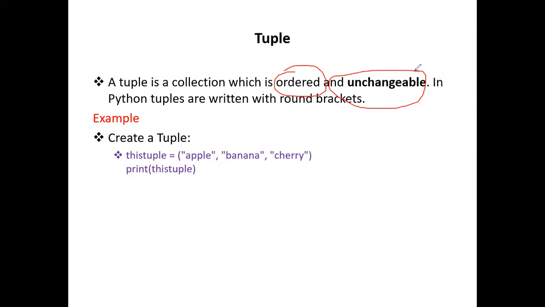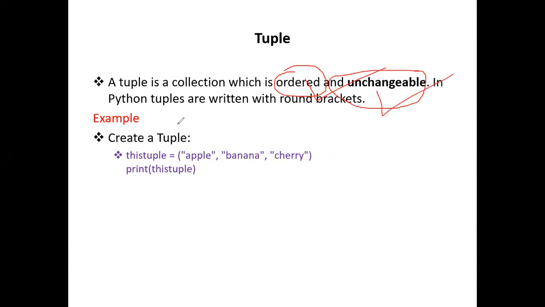Once you create a tuple, you cannot change the tuple elements. Remember it. Both list and tuple contain collections of elements. The thing is, in list you can change the elements, but here you cannot.